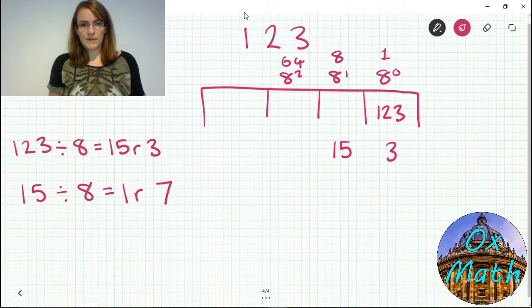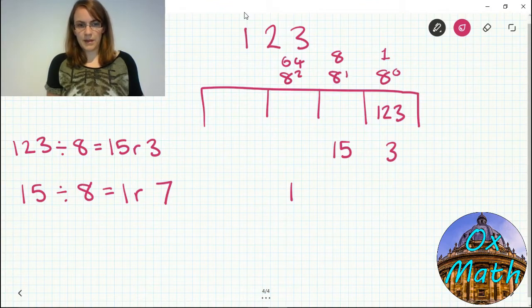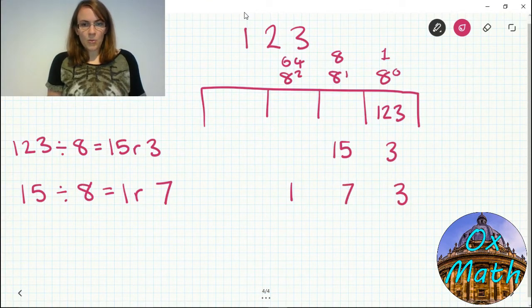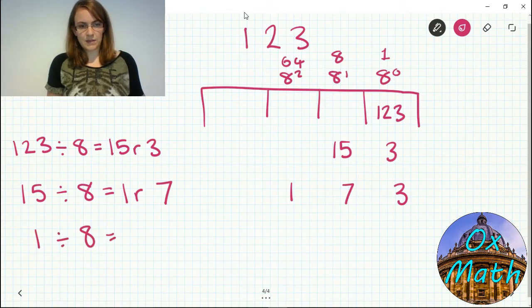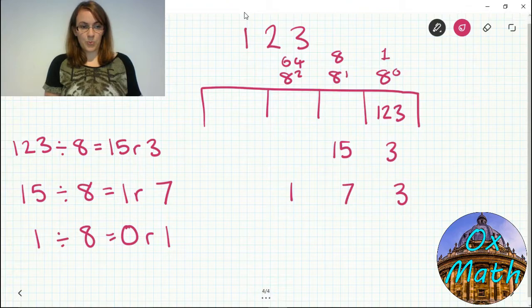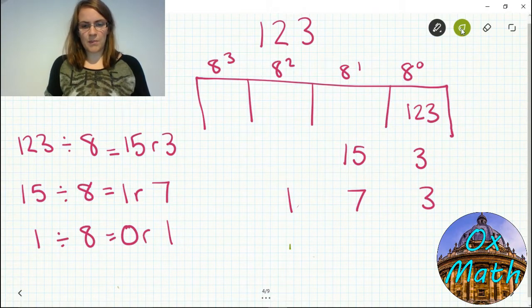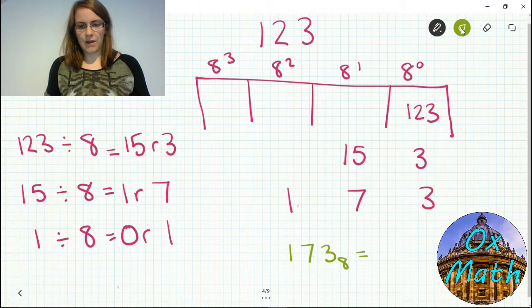So we can record this 15 as one lot of 8 times bigger, remainder 7, and we've still got this 3 here. We can then carry on. 1 divided by 8 gives us nothing, so we can't use the column to the left of it, and we've got our 1 remainder from that 1. So the number 173 in base 8 actually represents the number 123 in base 10.